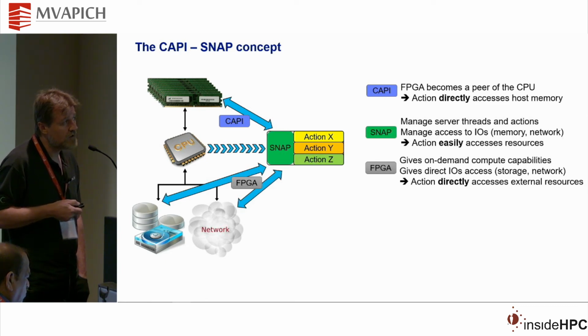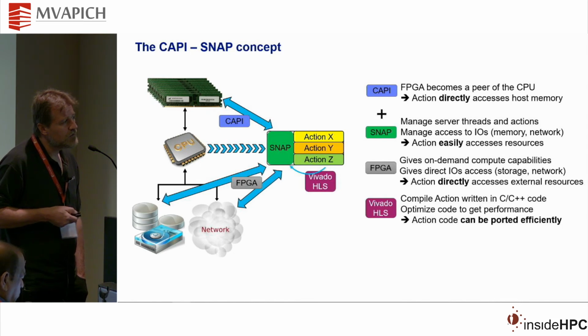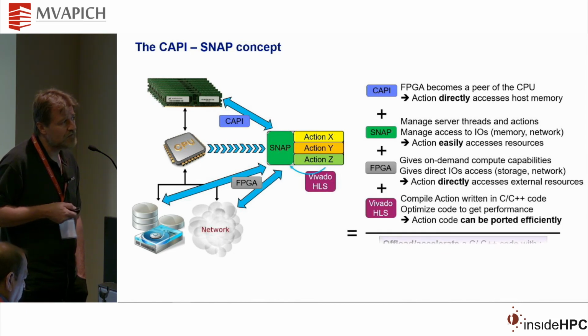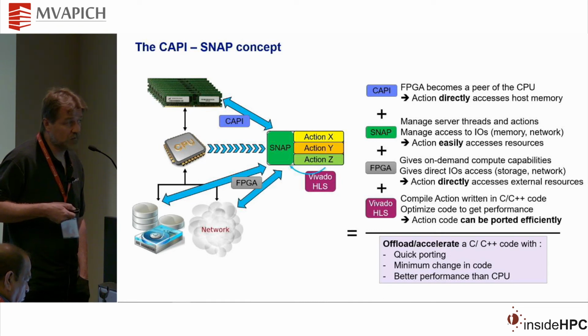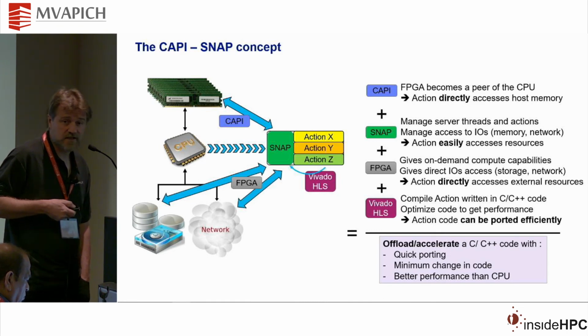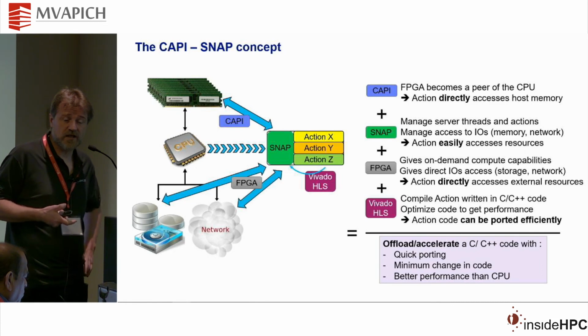With SNAP, we add an extra layer which handles much more easily the access to local memory and network. And Vivado HLS is from Xilinx. Vivado is a Xilinx tool that they use to program their FPGA and that they provide to the user. It's optional, but we can program in C instead of coding in HDL. And this is what is saving us lots of time.